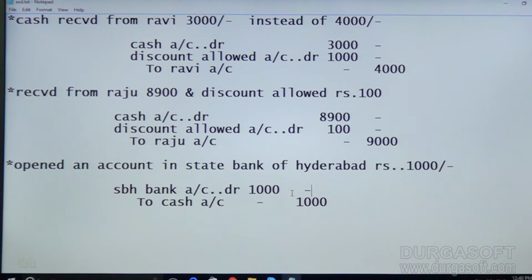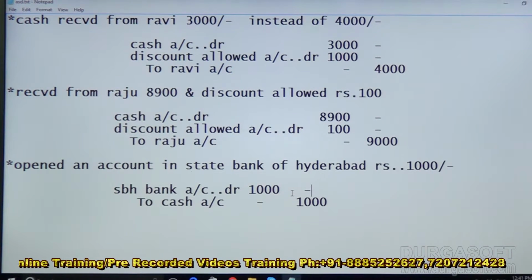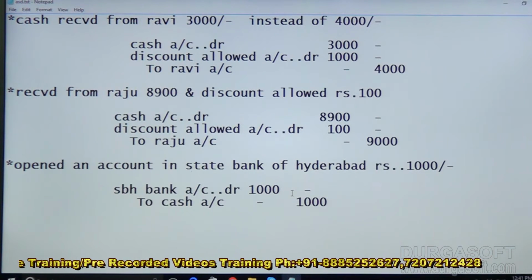Open an account in State Bank of Hyderabad: SBH account debit to cash account, 1000 rupees.